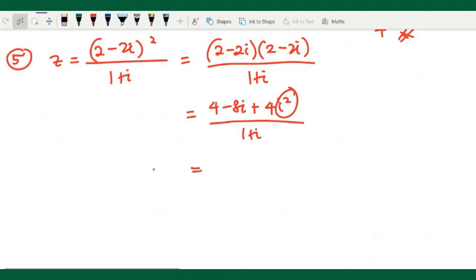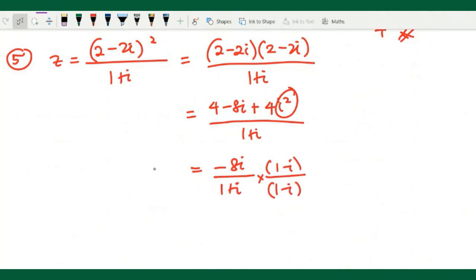Boleh kita permudah, so 4 tolak 4 habis, so negative 8i over with 1 plus I. So daripada langkah ni nak tukar ke bentuk A plus BI, memang kena darab dengan complex conjugate of the denominator, that will be 1 minus I over with 1 minus I.